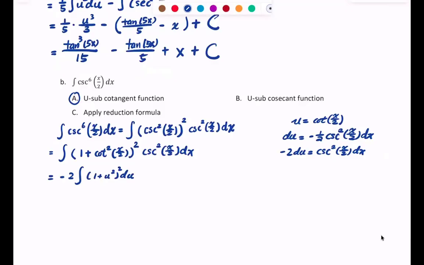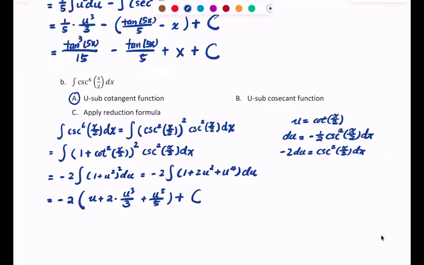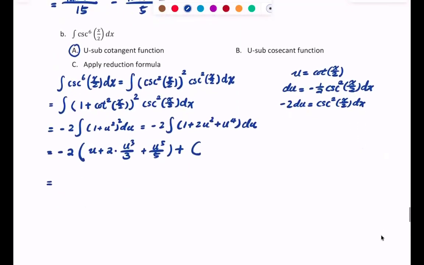And we just have to work out the square part and then integrate term by term. Then we distribute the constant -2.